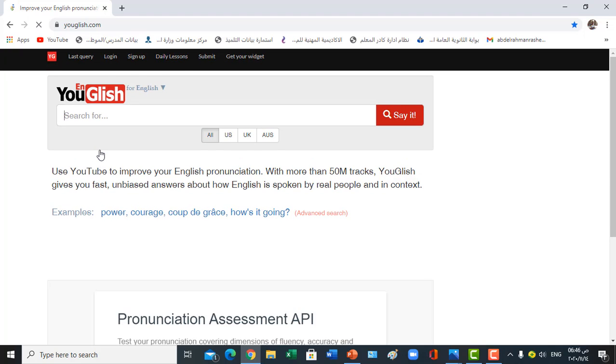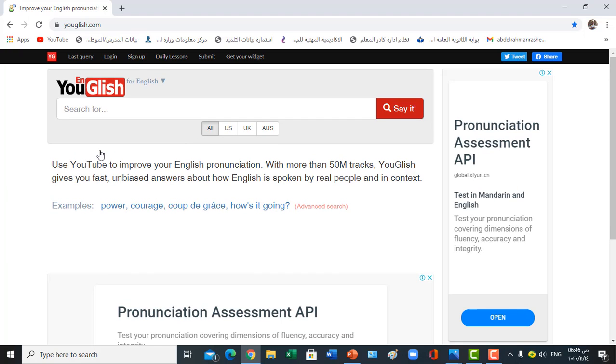You can use this site with your students in the school. You only write down the word you want to listen to, how it is said or pronounced in different contexts. I write down a word, for example, the word tail, and press enter.